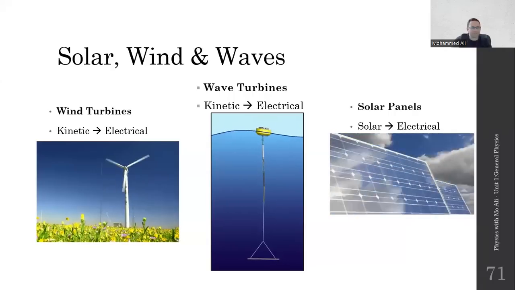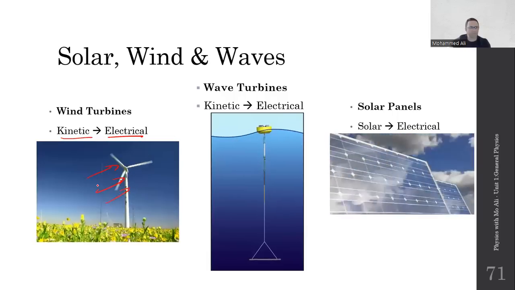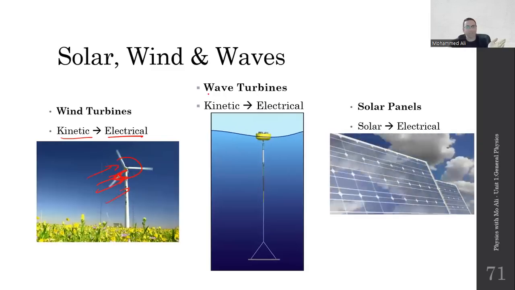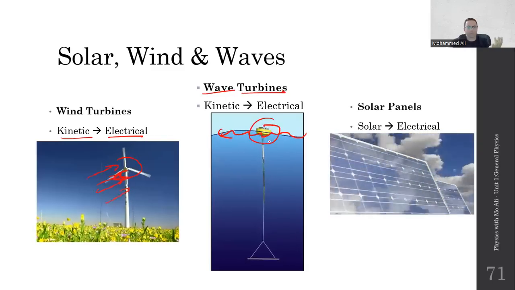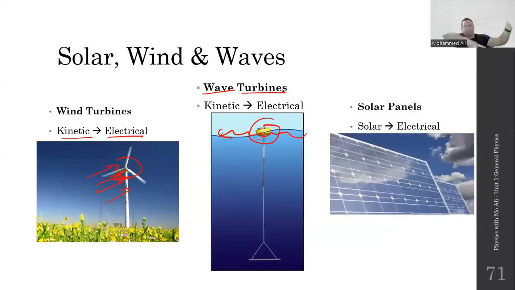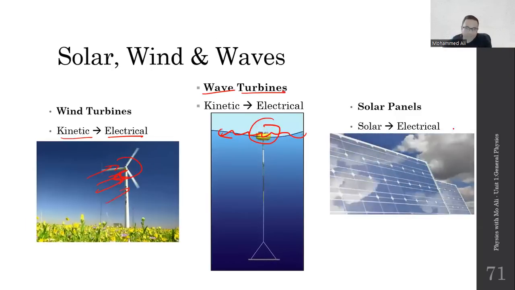The last three are very simple. Wind turbines just convert kinetic energy of the wind to electric. Wind hits this, it turns, we generate electricity. Done. Wave turbines are the same thing, but we use flowing water to turn the turbines or make them vibrate up and down, which converts kinetic to electrical energy right away. No other steps. Solar is even simpler.